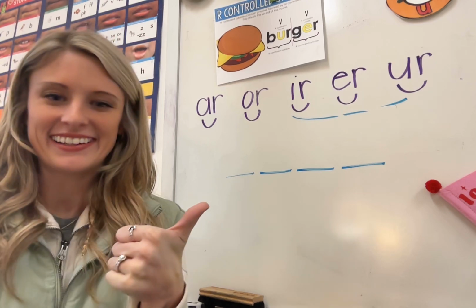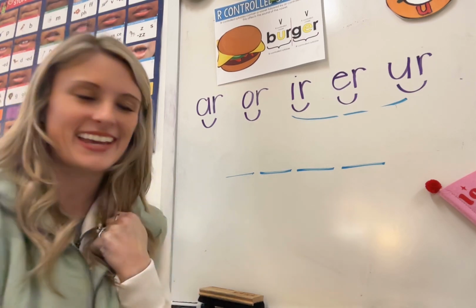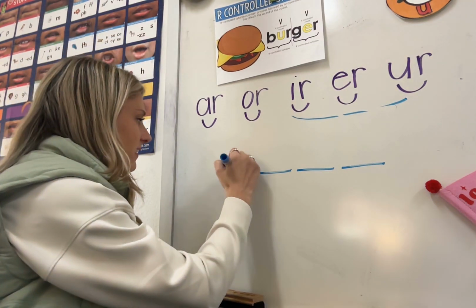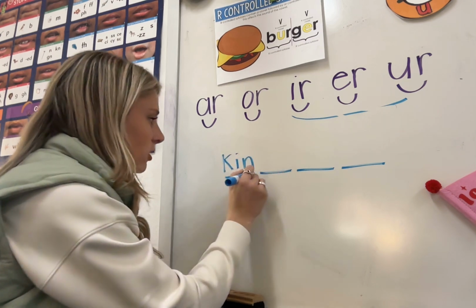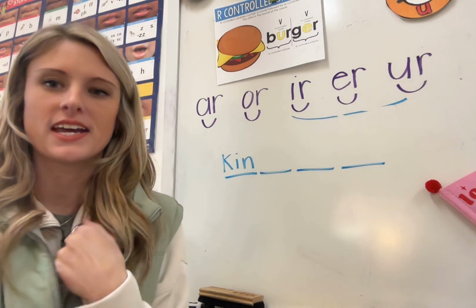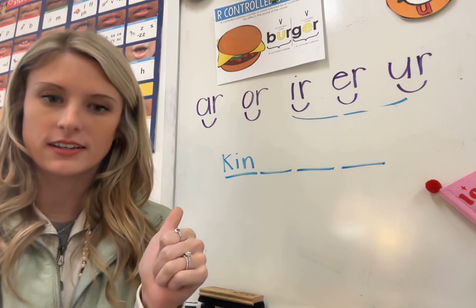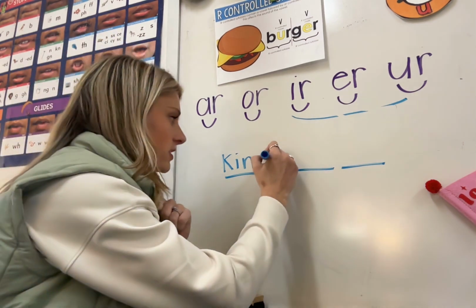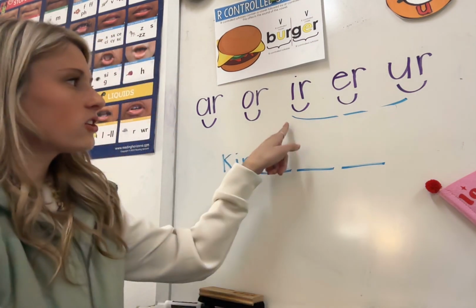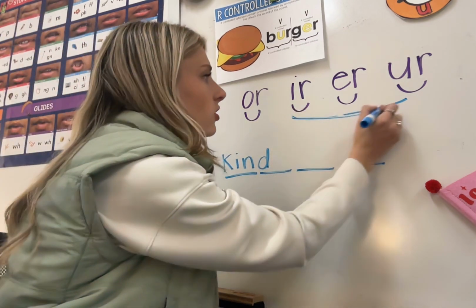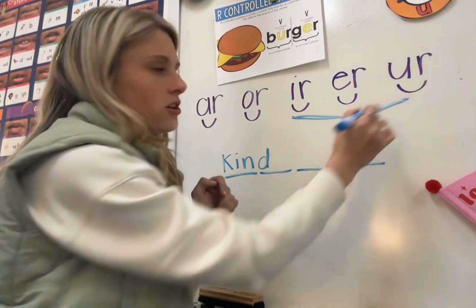Okay. Kin. K. I. N. Kin. Look, it's a closed syllable, short vowel right there. Kinder. D. Okay, I hear the D. Now I hear the sound again. And look, all 3 of these make the sound.